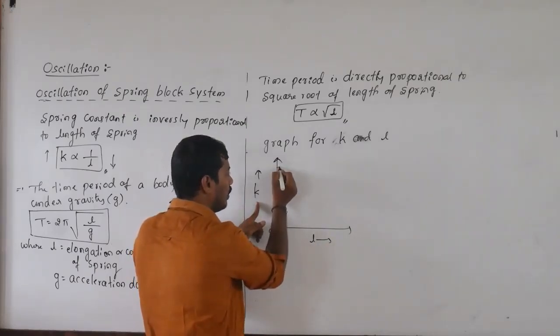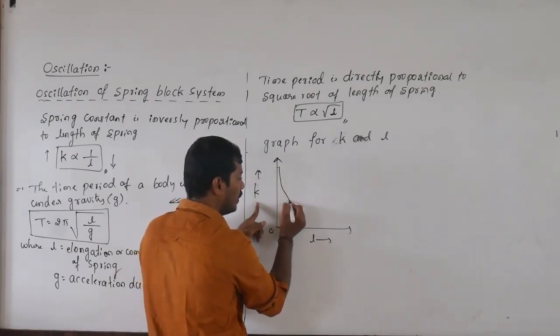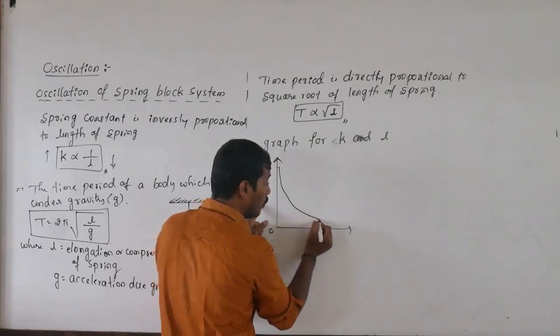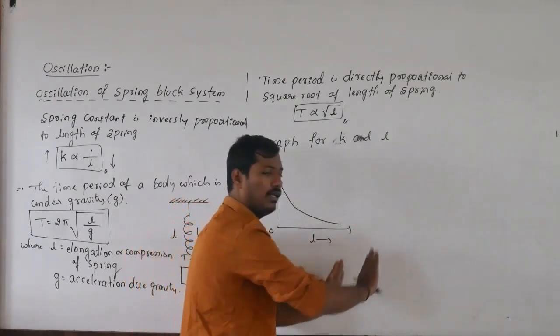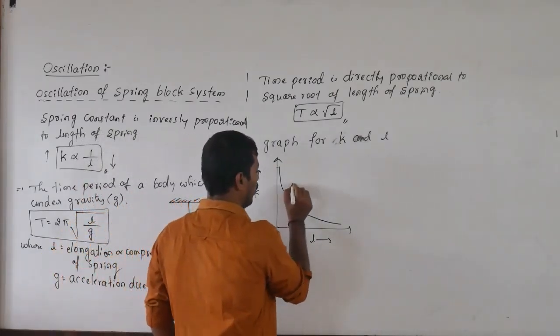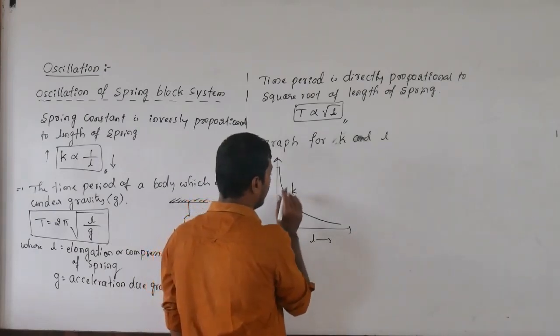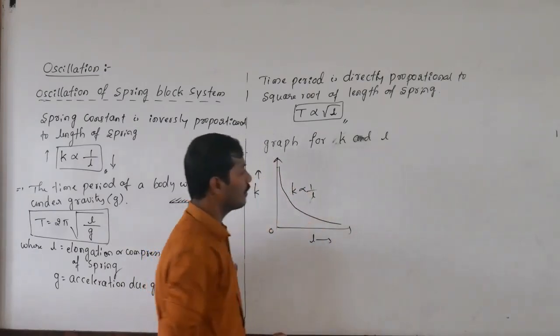Now K goes on decreasing, then the length goes on increasing like this, because they are inversely proportional to each other. So K is inversely proportional to the length of the spring.